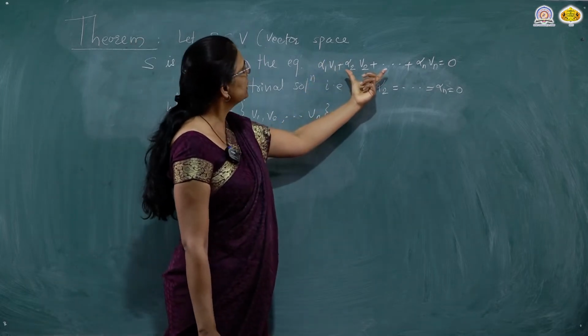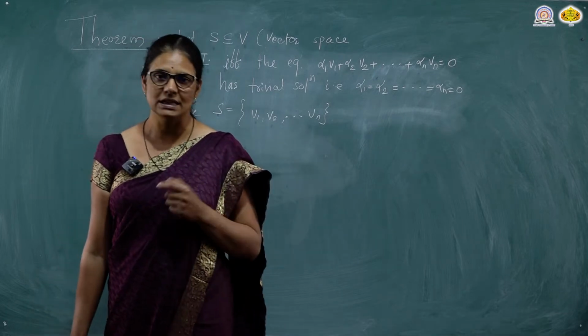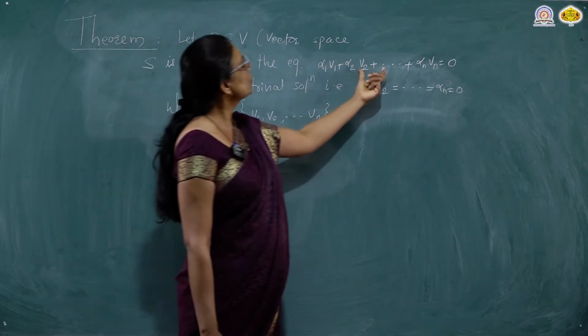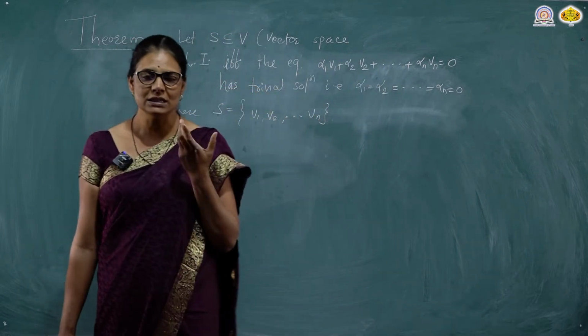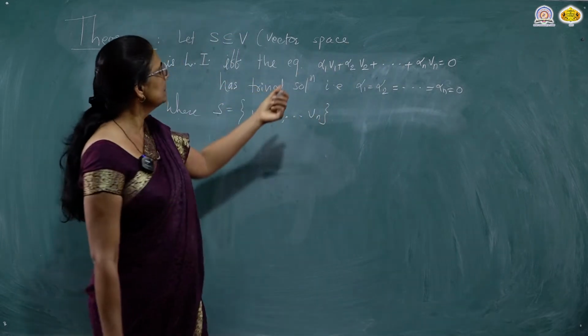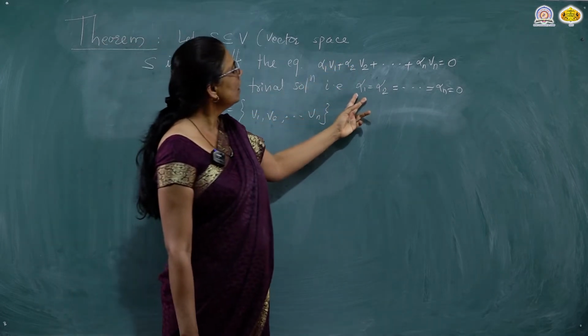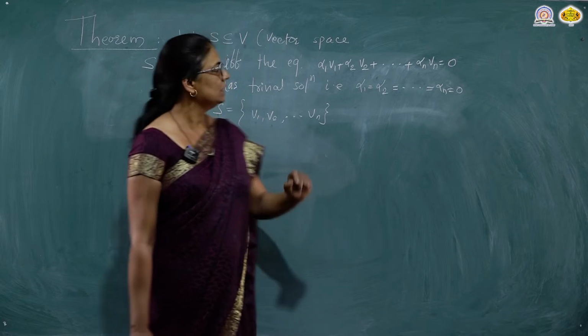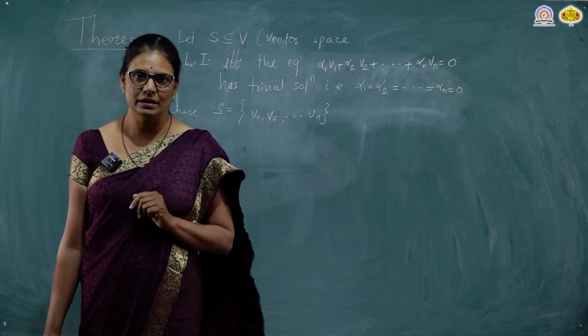The left hand side of this equation is the linear combination of all the vectors in S. We put this linear combination equal to 0 and solve this linear equation. Actually it is a linear system, and if this system has the trivial solution, that is all alphas are 0 here, then we say that the set is linearly independent.